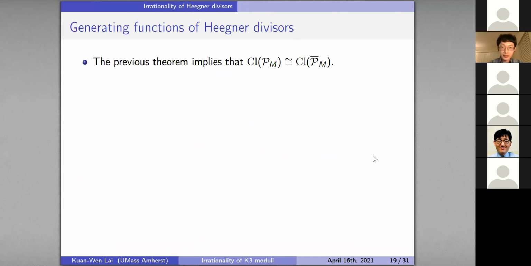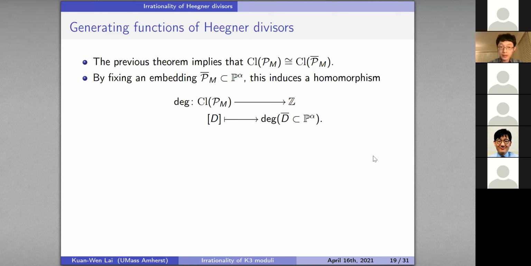So the theorem by Baily-Borel tells you the following. Okay, there are some consequences. It tells you that the divisor class groups on the period space and its compactification are isomorphic. So this allows us to, first, this space is projective, so you can fix any embedding of the Baily-Borel compactification into some projective space, and then this induces a homomorphism.